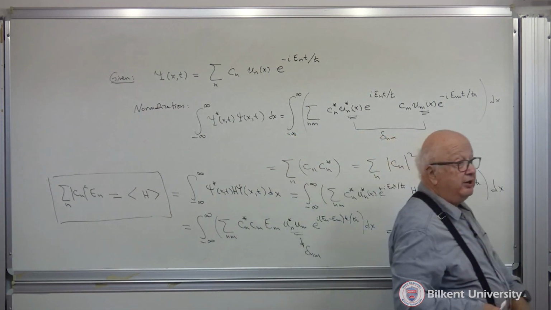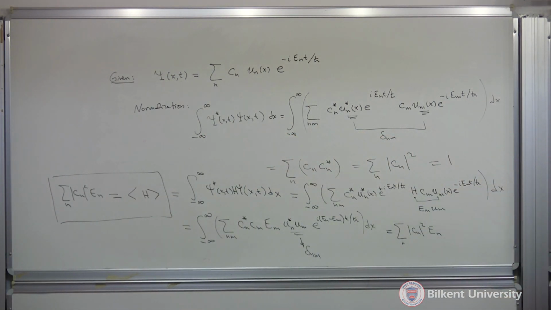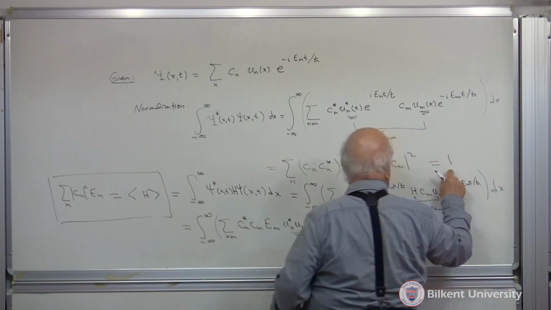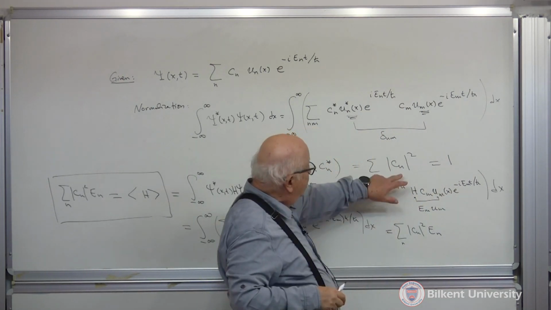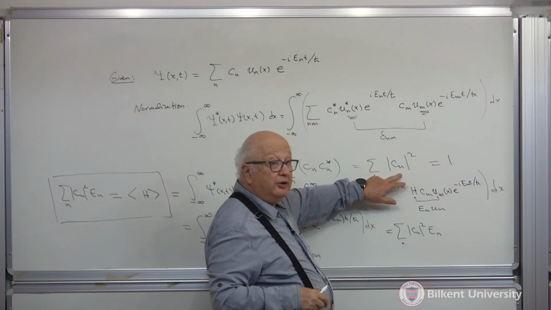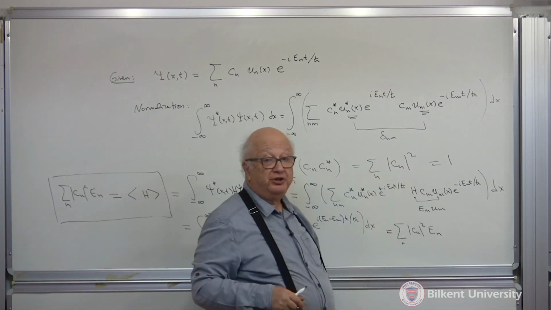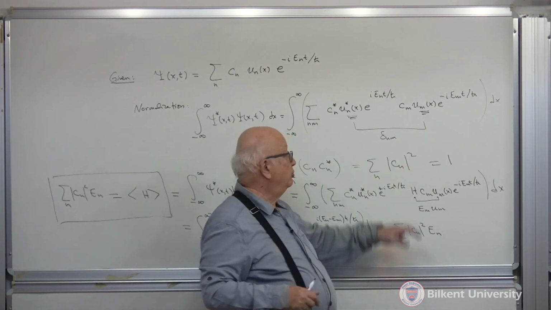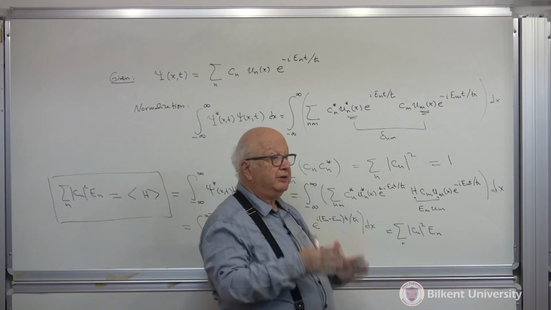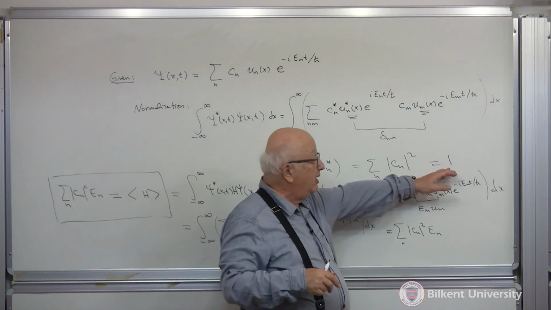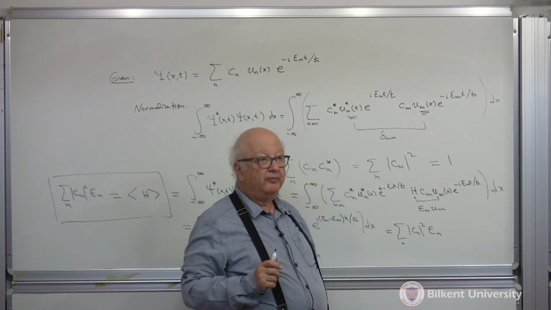Conservation of probability: if I integrate all of the ψ's together, I am getting 1, and that is the magnitude squareds of these coefficients. So |C1|² plus |C2|², etc., I add them all up, I end up with 1.